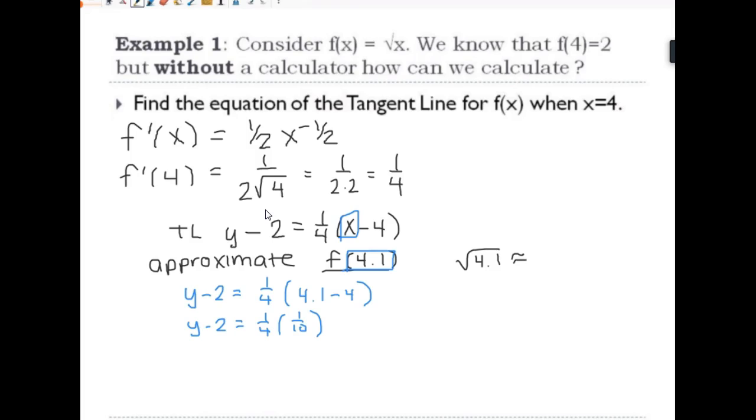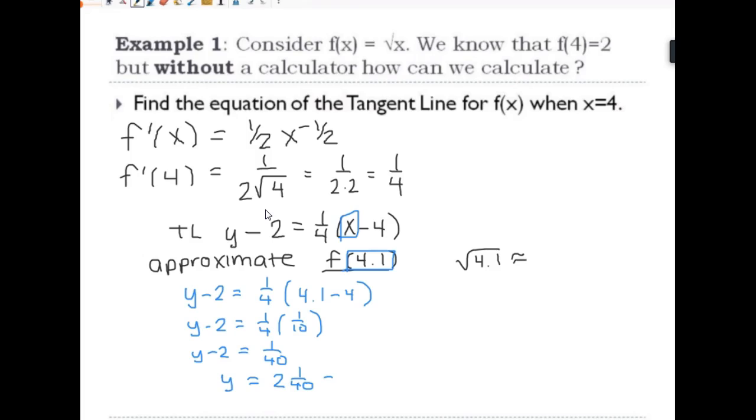Well, 1/10 times 1/4 is 1/40th. Adding 2 to the other side, we get 2 and 1/40th. Which 1/40th is 0.025 because 1/4 is 0.25.